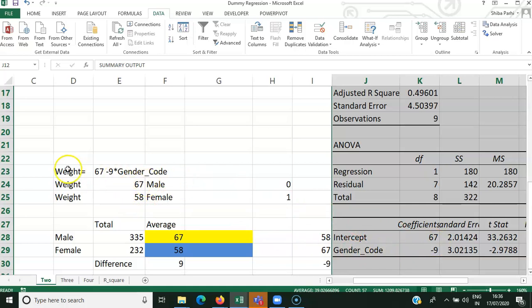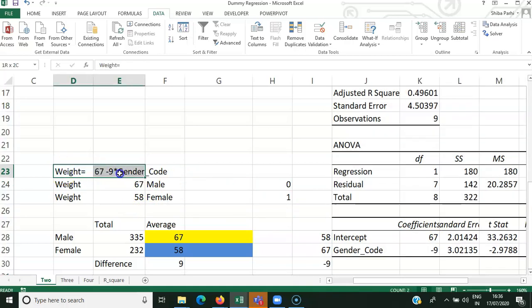So now the regression equation is 67 minus 9 into gender code. When the gender code is 0, the male weight is equal to 67, and when the gender code is 1, then 67 minus 9 into 1 equals 58. By taking the average also I was finding 67 and 58, and the difference between these two is 9.